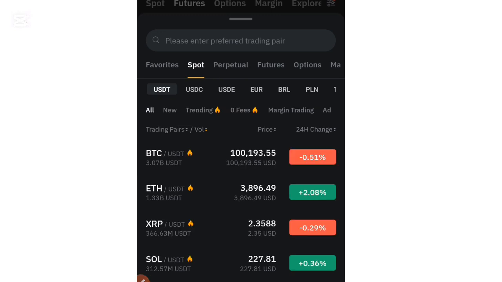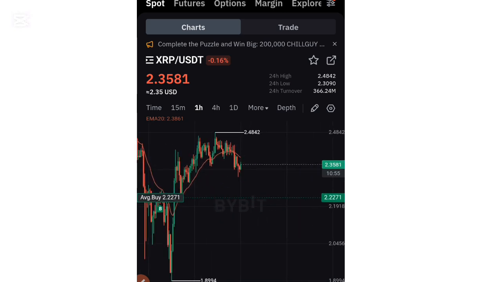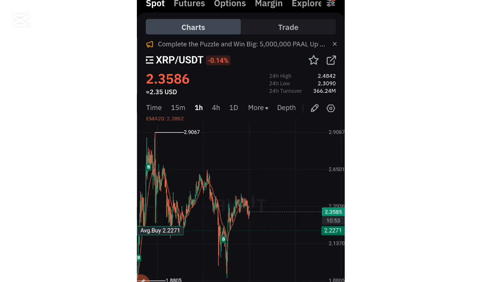You can see BTC stroke USDT, ETH stroke USDT. That's what we want, and that is spot actually. This is where we trade spot. If you remember the former coin we were having before, we were not having this slash, this stroke here. So this is a sign that we are trading spot.